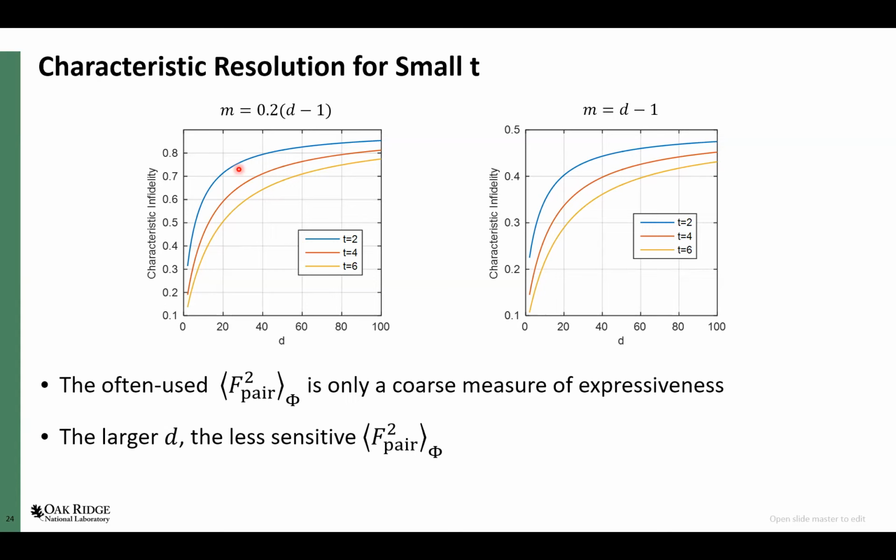So the point being that t equals 2 is actually a very coarse measure of expressiveness. And I think this is something that people who work with this quantity would not be surprised at. But what this work shows is it allows us to quantify exactly how sensitive t equals 2 is versus t equals 4. So this gives us a new way of understanding the limits of these frame potentials.